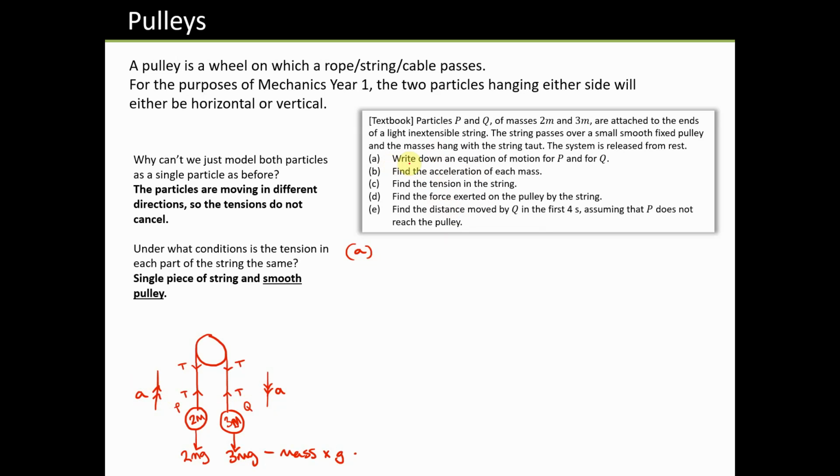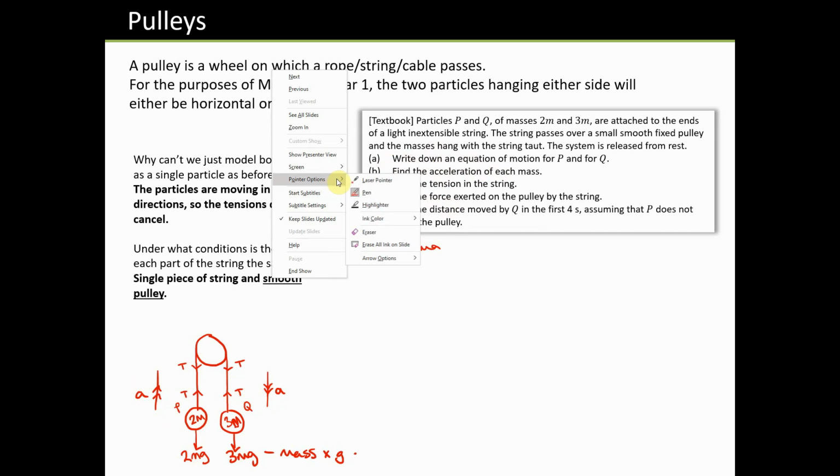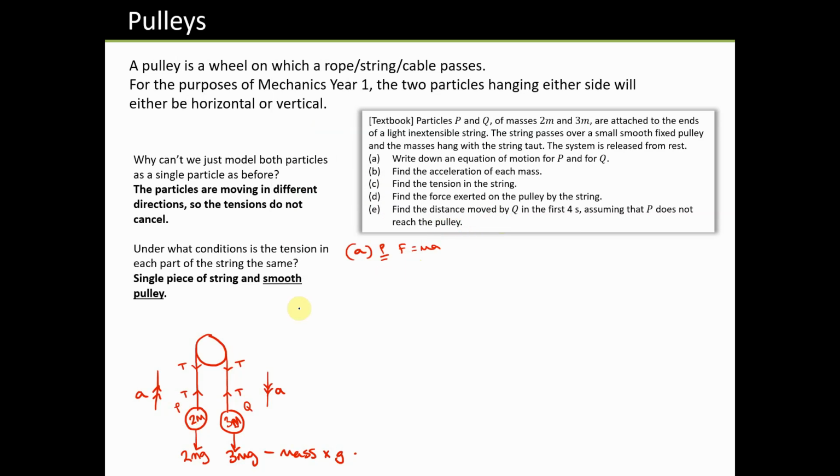So, write down an equation of motion for P and for Q. All that is asking is to do an F equals ma for P and an F equals ma for Q. What I would always do here is resolve in the direction that the things are moving.